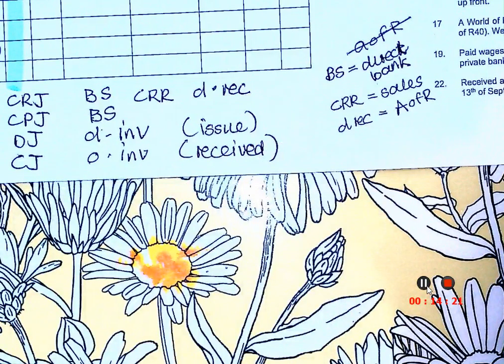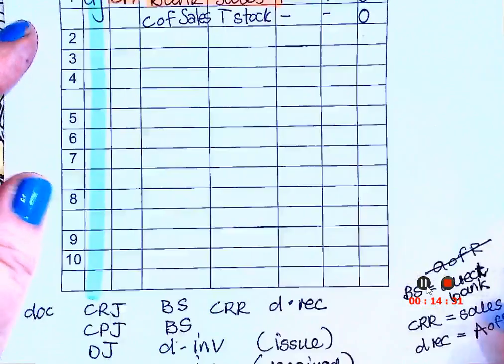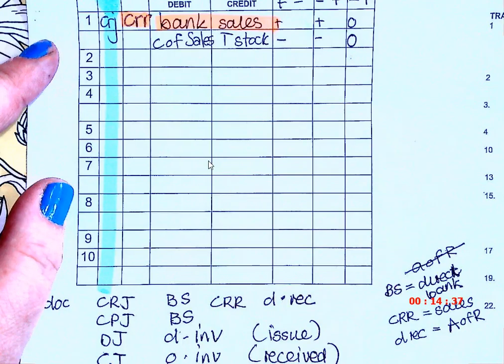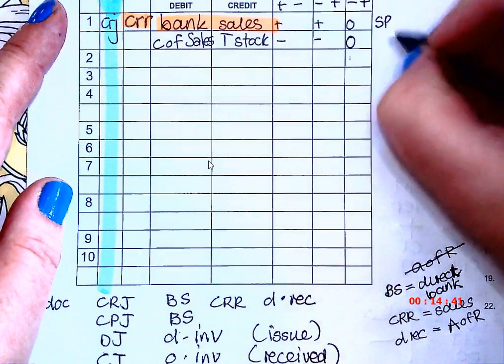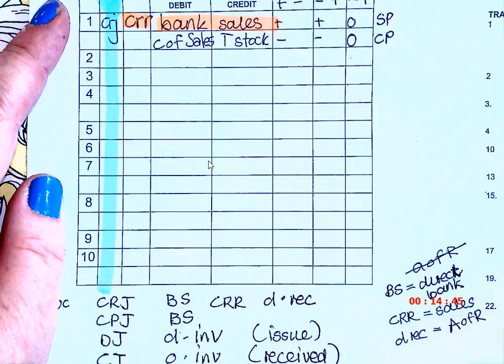So let's go on. Now I need to get the figures. To get the figures, please remember the sales line will go with the selling price, and the cost of sales will go with the cost price. Okay, so let's go look.